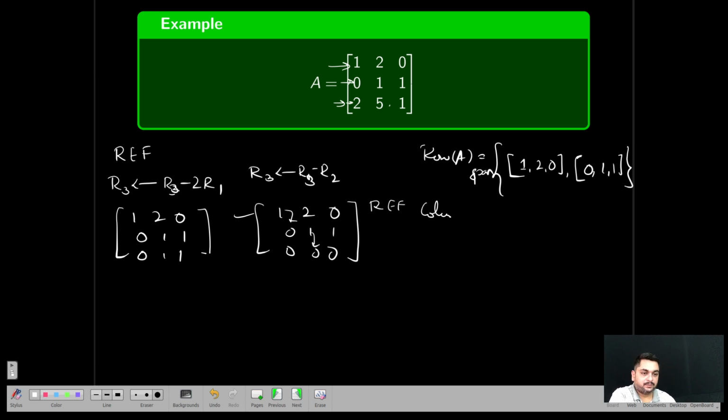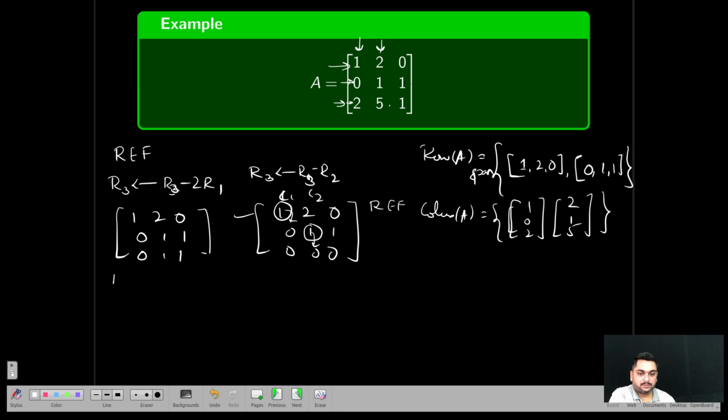Similarly, column space of A: these two are my pivot elements in the row echelon form. So column C1 and column C2, this column and this column, form my basis of column space of A. So this is the column (1 0 2) and (2 1 5).